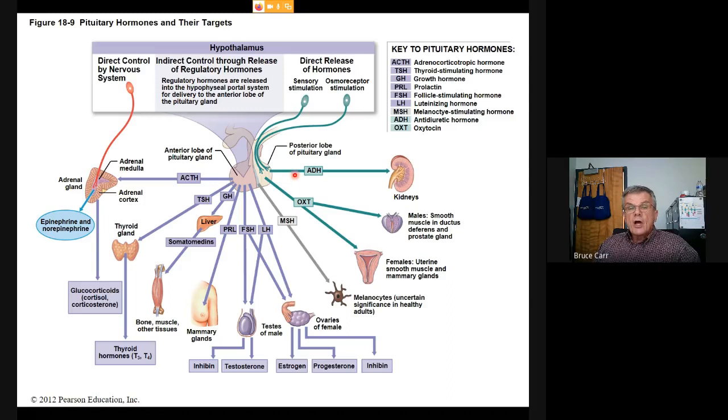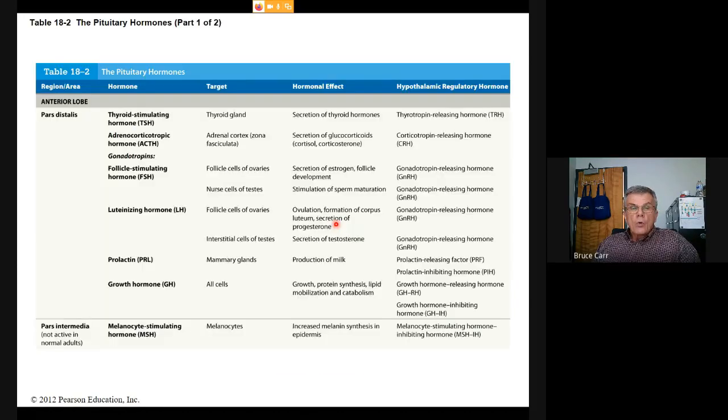Over here we have ADH, which is antidiuretic hormone, working on the kidneys and on what concentration of urine you're making in order to regulate water release or water retention. So we have quite a bit to cover.